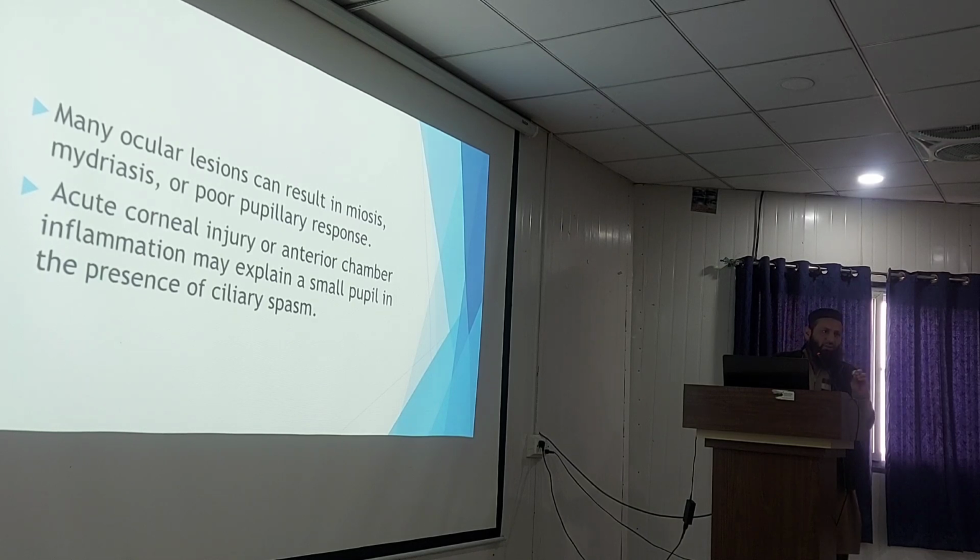A constricted pupil with no red eye is usually conjunctivitis. A dilated pupil with a red eye is glaucoma. So by just shining a torch light into the eye, we can diagnose the whole chapter.